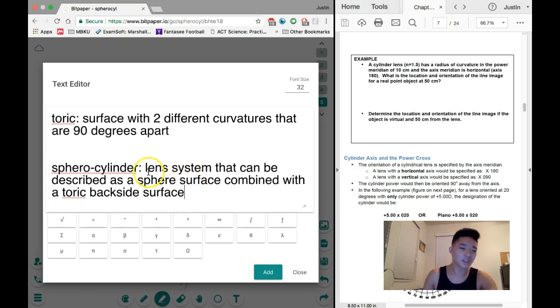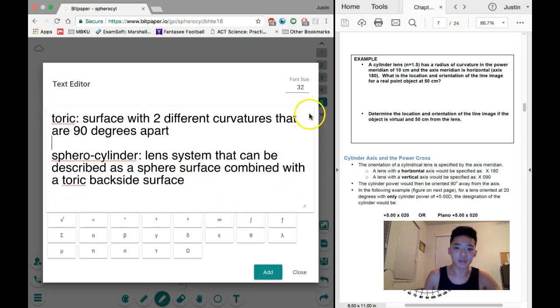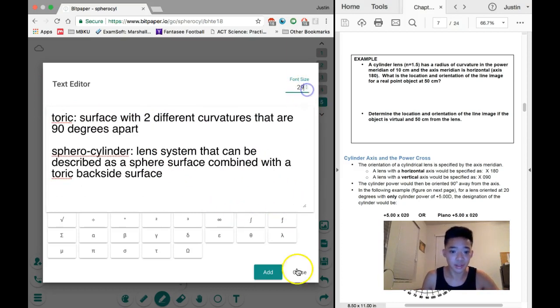So you can see that a spherocylinder is a larger concept that includes the idea of a torque surface.